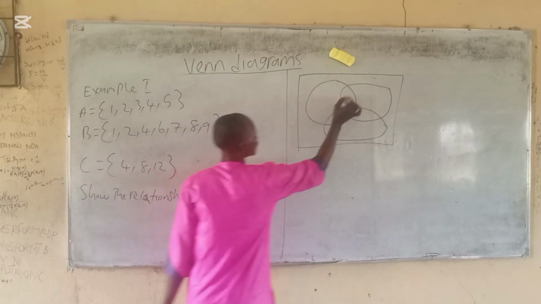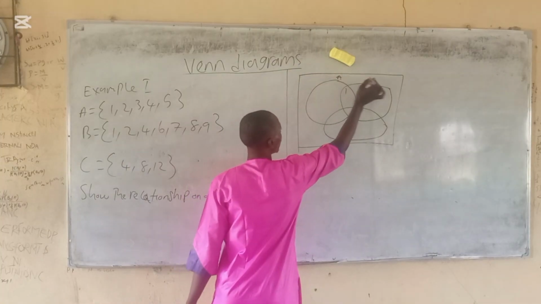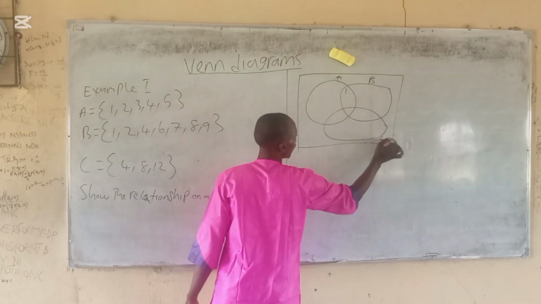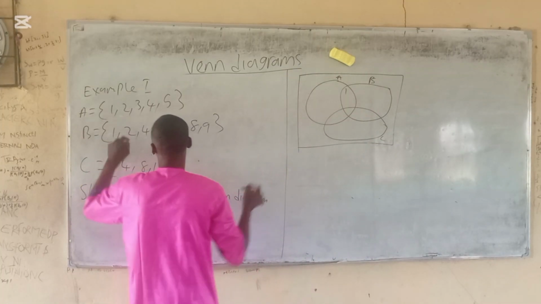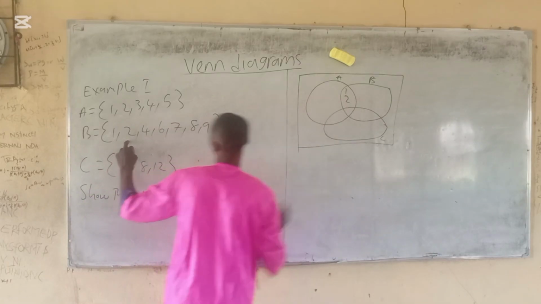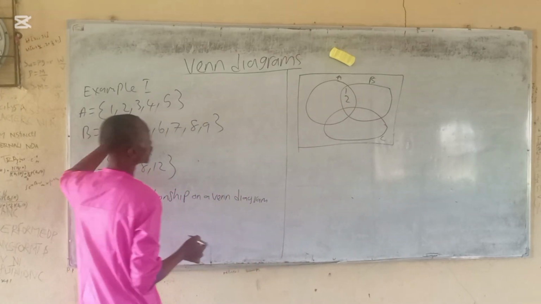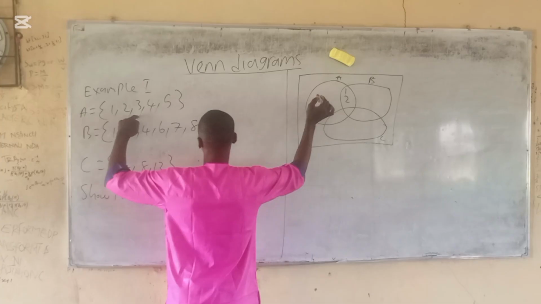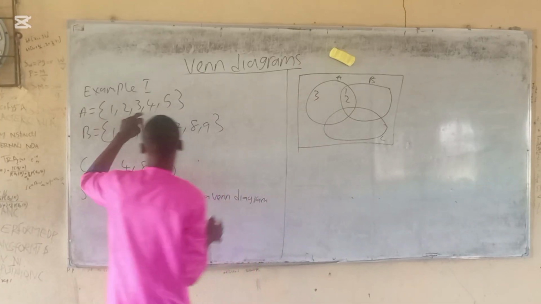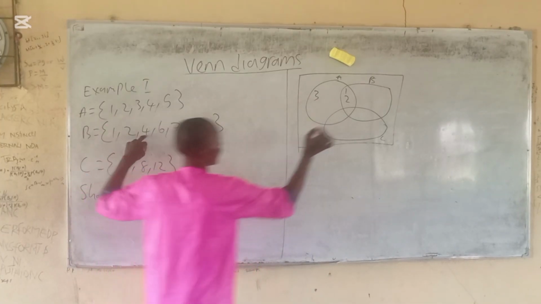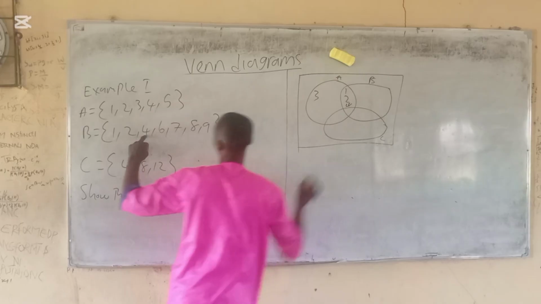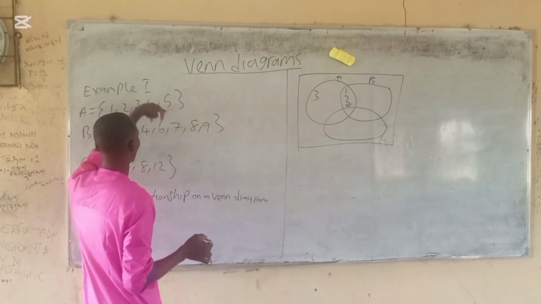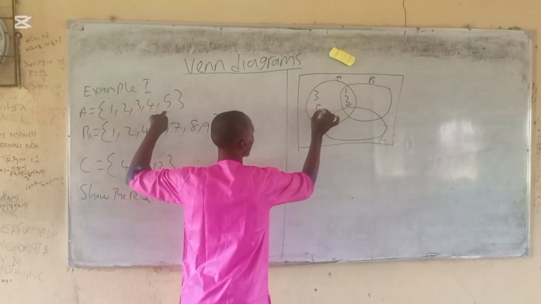Now we have 1 in set A and set B. We have 2 also. We have 3 in set A, put the 3 here. We have 4. We have 5, we put the 5 here.